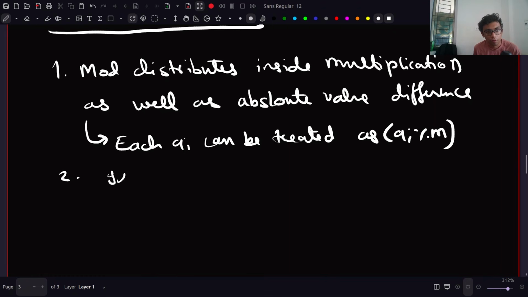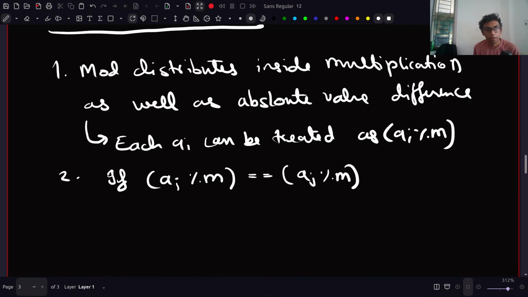So if ai with the modulo is equal to aj with the modulo, that means basically we're multiplying the product by ai minus aj, which are both the same with the mod. So basically the product becomes 0, right?